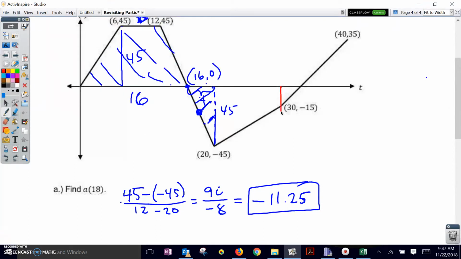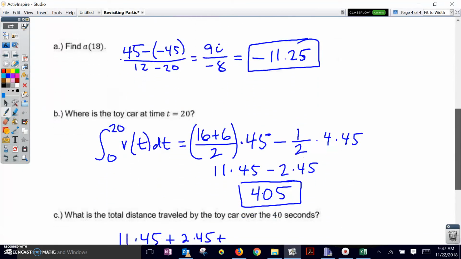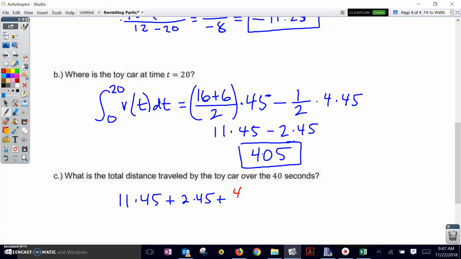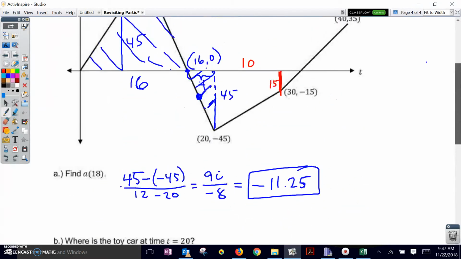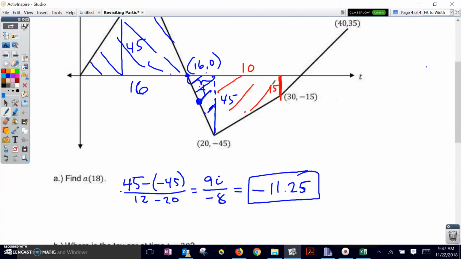I've got a trapezoid right here with a width of 10 and bases of 45 and 15. So we'll add that area on. 45 plus 15 over 2 times 10. And that takes care of this area.